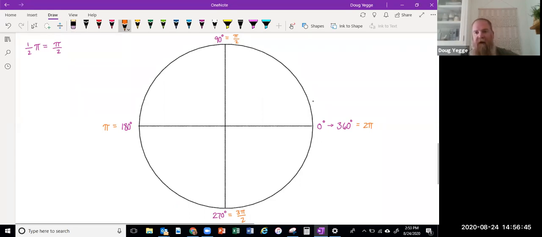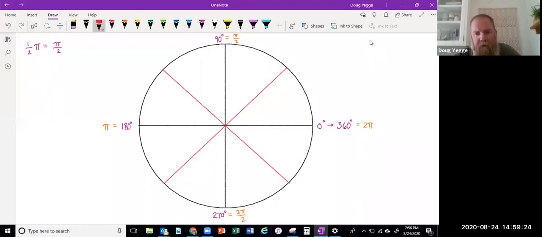So now let's take a look at cutting each of these quadrants in half. We have now created a 45-degree angle inside of our first quadrant. And the reason is because I cut the 90-degree angle in half. But notice that I cut every quadrant in half, so that must mean that each one of these is 45 degrees.